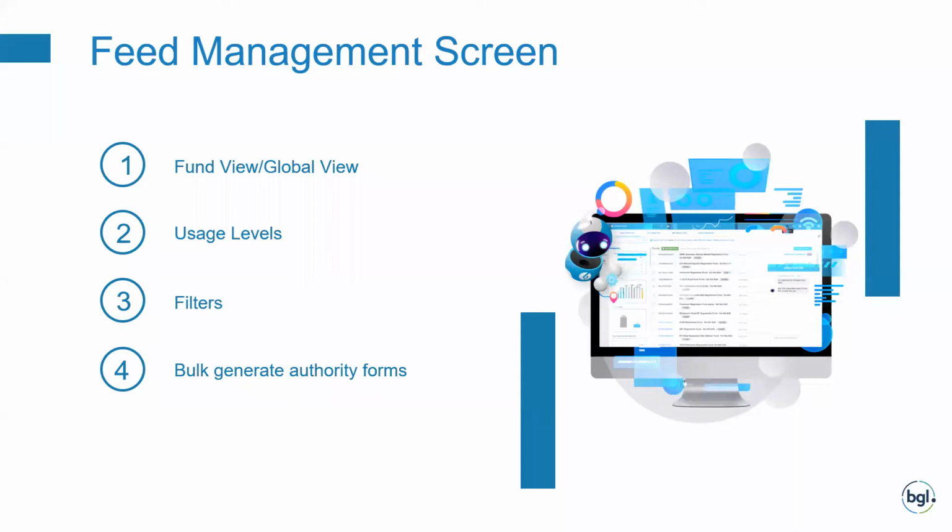Now, for users that are new to Simple Fund 360, or if you haven't yet got any automation, this might be a bit of a new screen for you. We will do a live demo, but what we're going to look at is the fund view, so on an individual fund basis, versus the global view, looking at the status of all the funds that you have in the software.